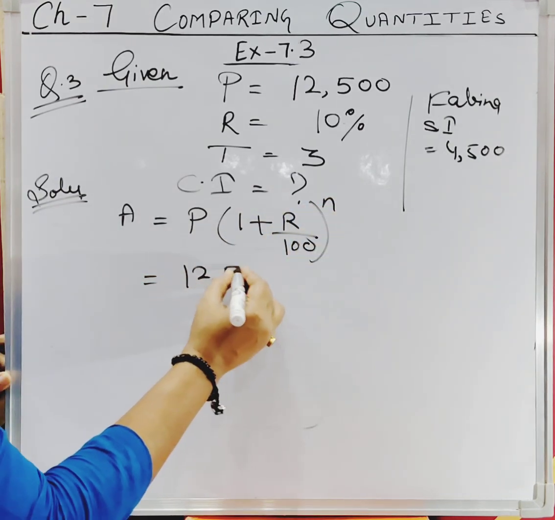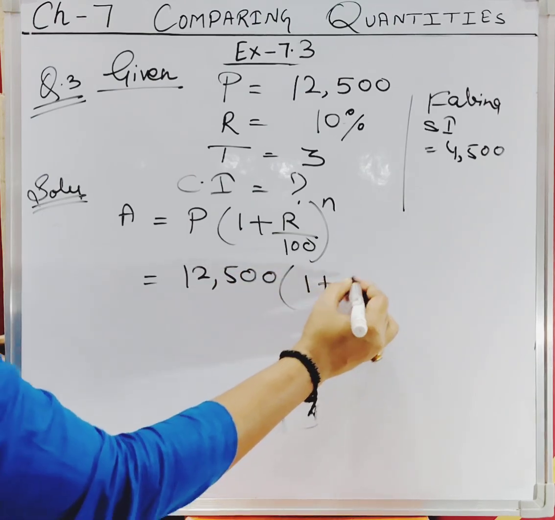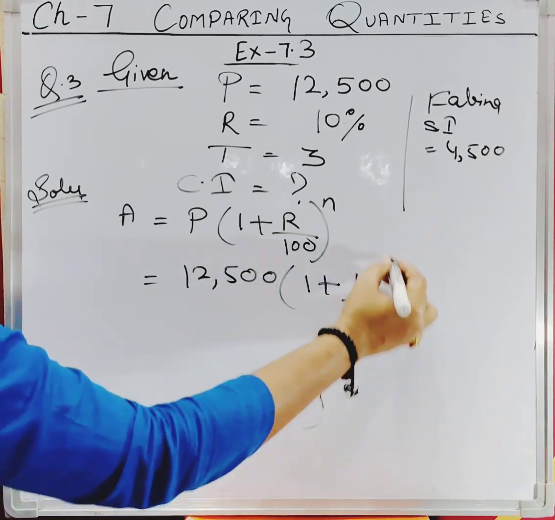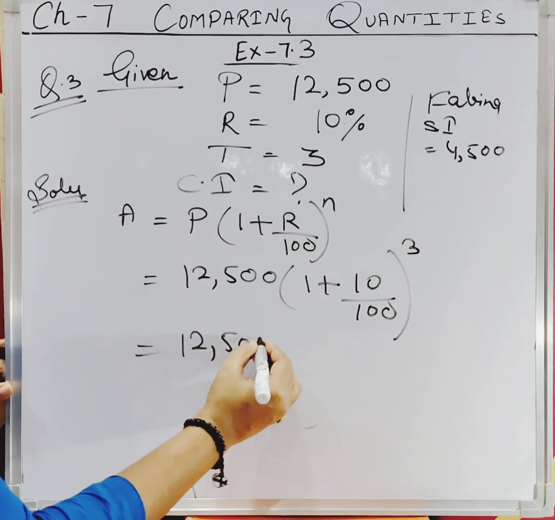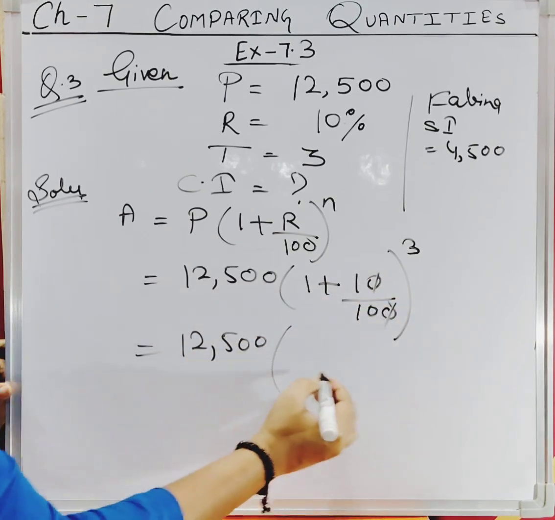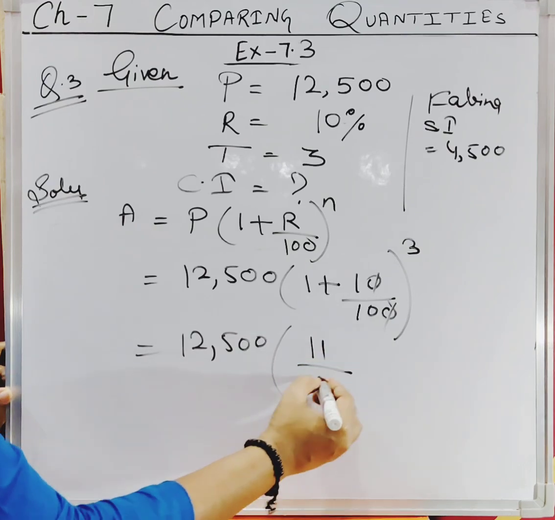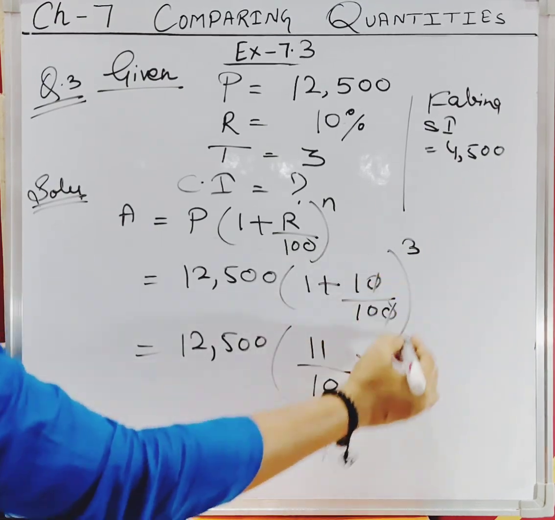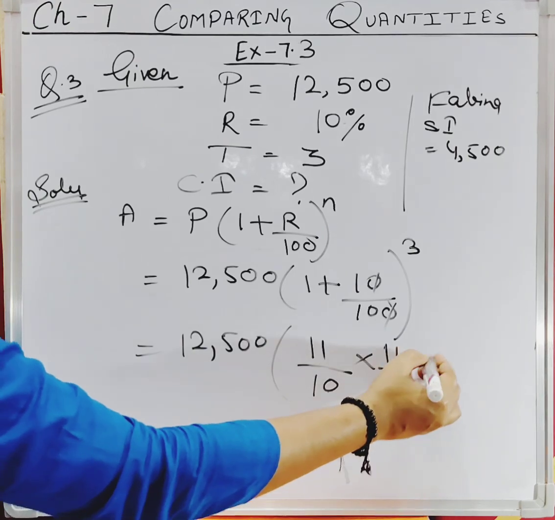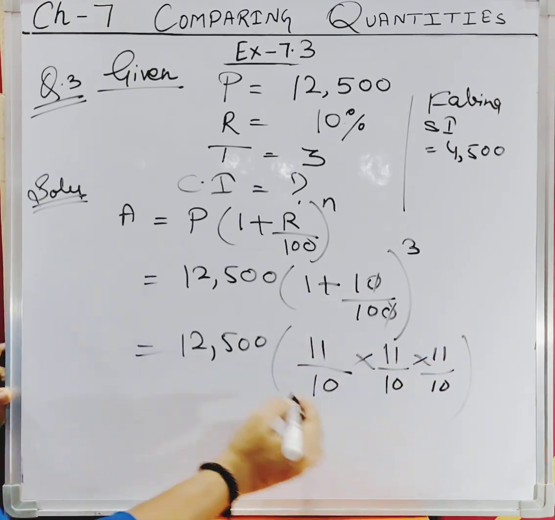That is 12,500, 1 plus 10 upon 100, and here it is 3. So 12,500 times 11 upon 10, 3 times, 11 upon 10 and 11 upon 10.